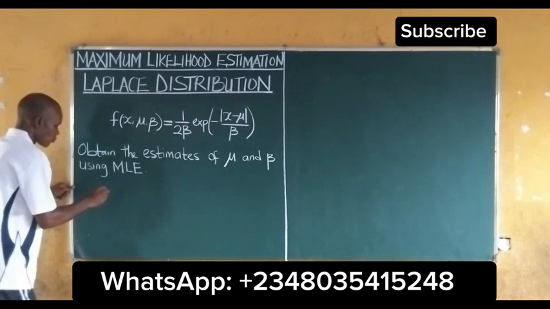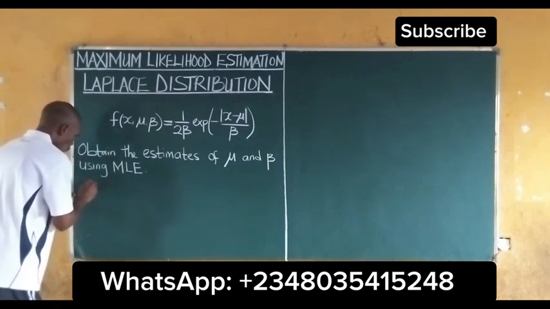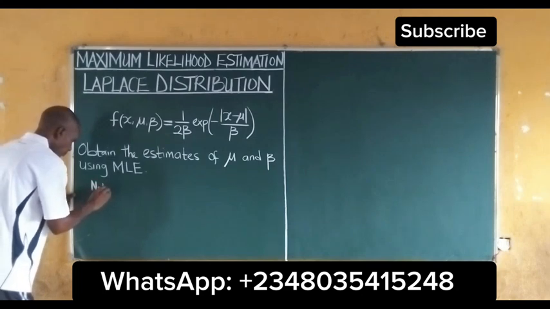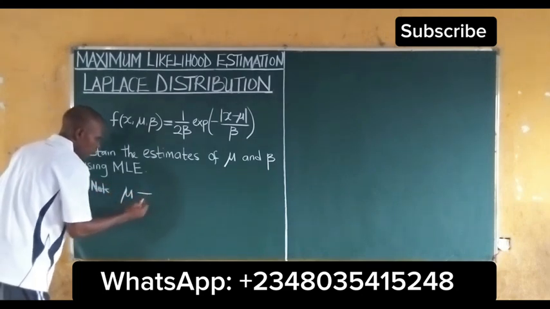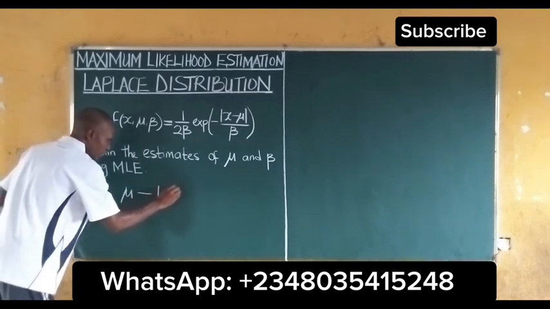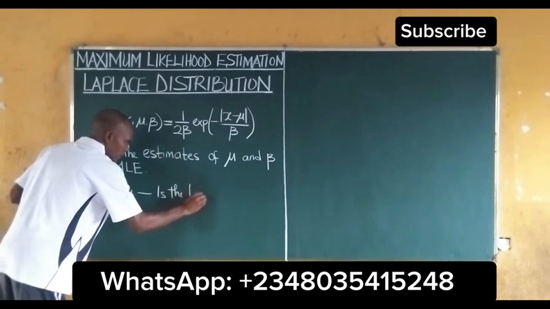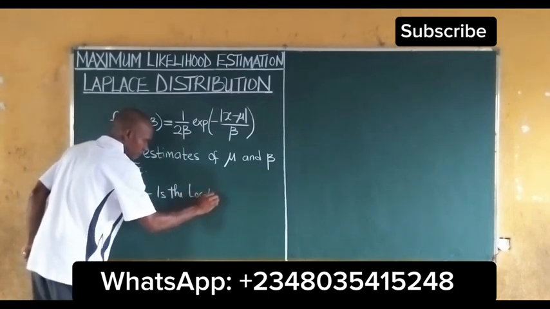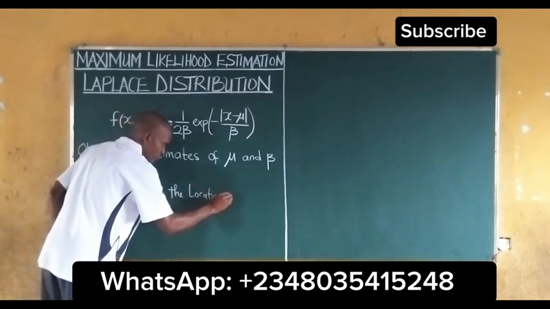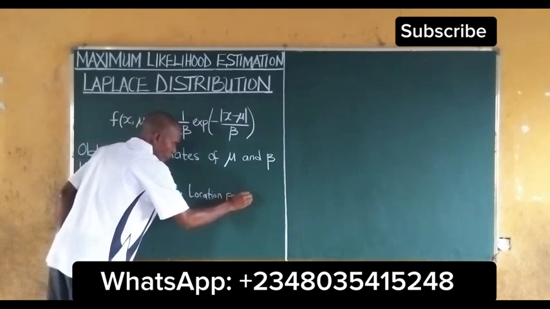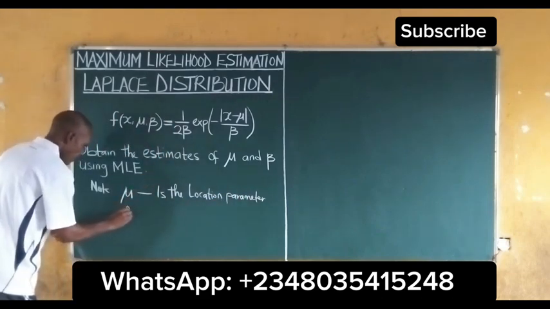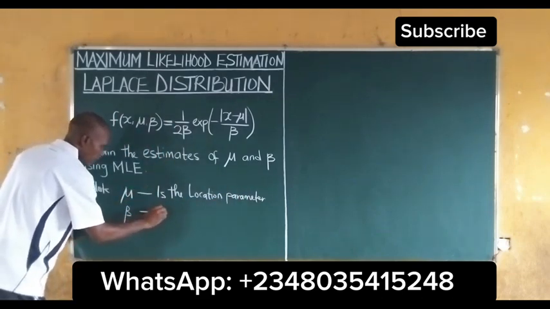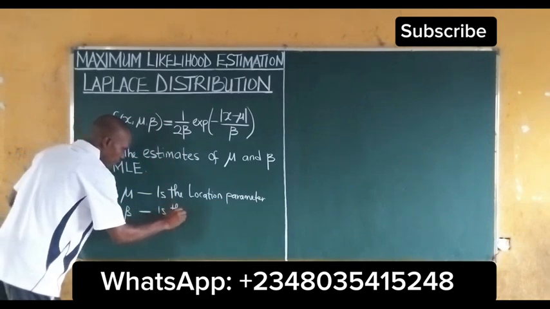The first thing to do is to note that mu here is the location parameter. Also, beta is the scale parameter.